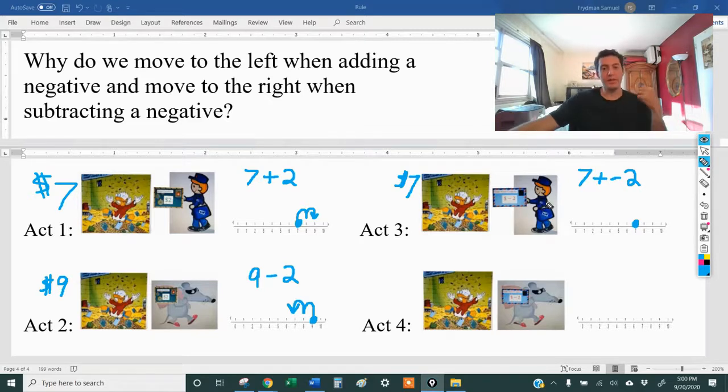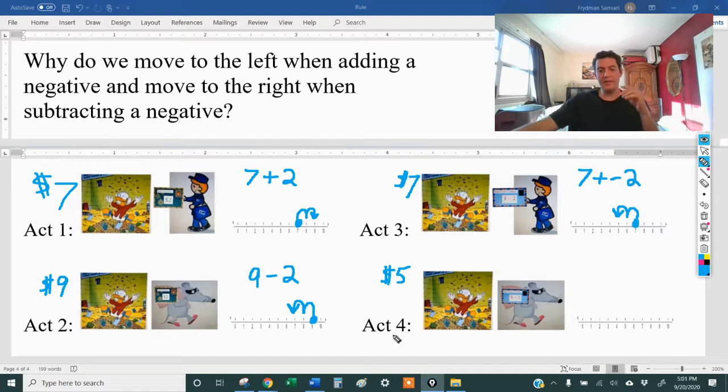So I know that you know from the last video that when you add a negative, you move to the left, but I want you to pretend that you didn't watch that video yet, and we're trying to figure out what the rules ought to be in order to describe what's happening in these real-life situations. So if we receive a bill from the water company, our money should go down, or to the left on the number line. So I'm going to move 2 spaces to the left over here. So now we have $5.